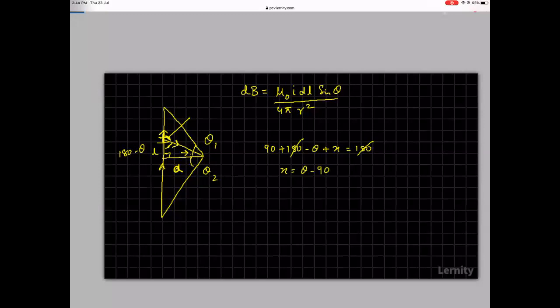Now if you have x equal to theta minus 90, theta is equal to x plus 90. We are talking about sine theta, so that will become sine of 90 plus x, which is equal to cos x.